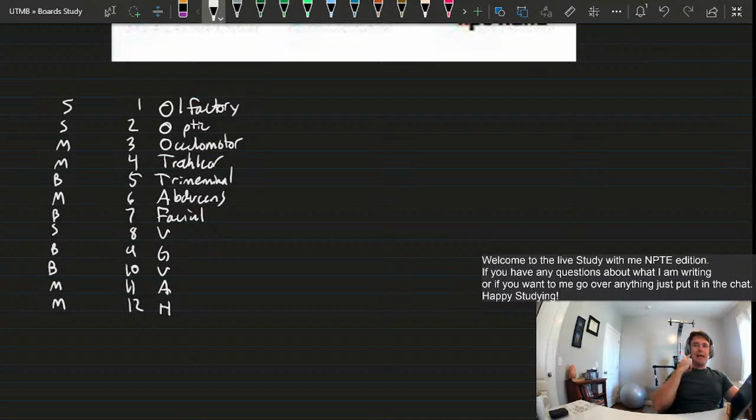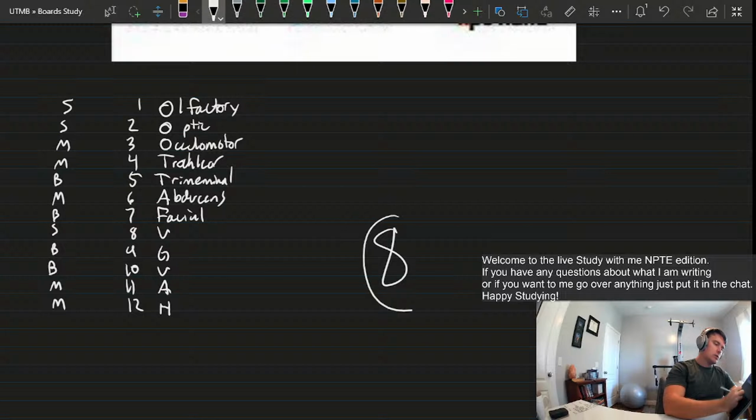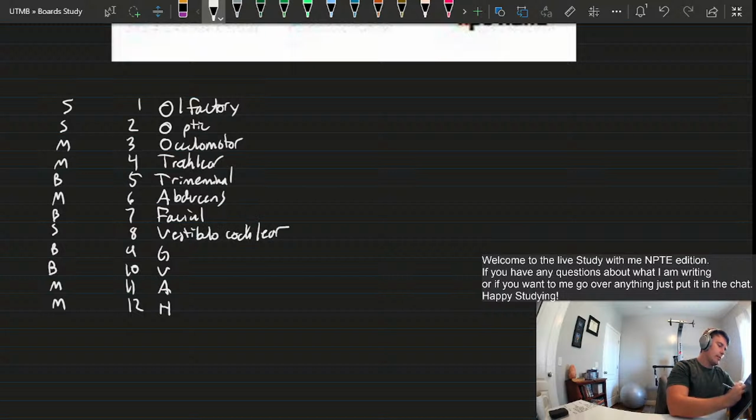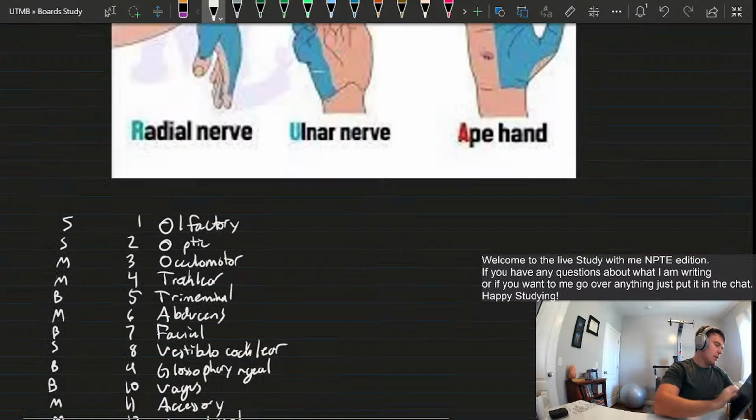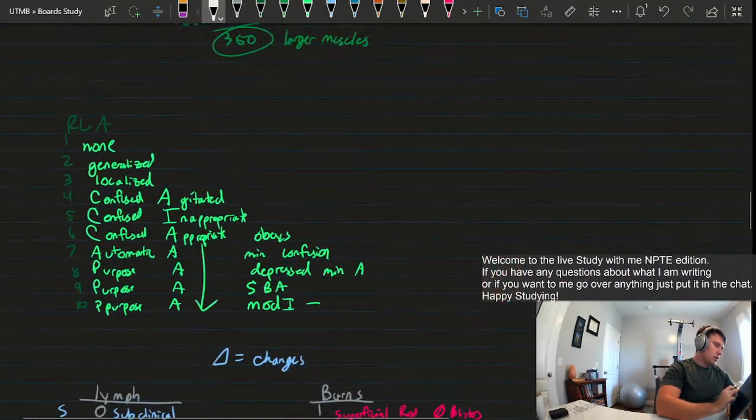To remember, an 8 is for vestibulocochlear. I always think of 8 looks like your ear on the side of your face, so I know that this is vestibulo. Glosso, vagus, accessory, hypoglossal.